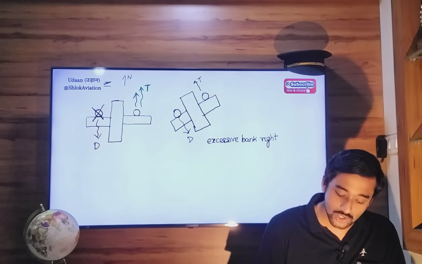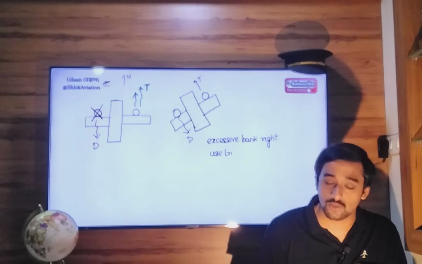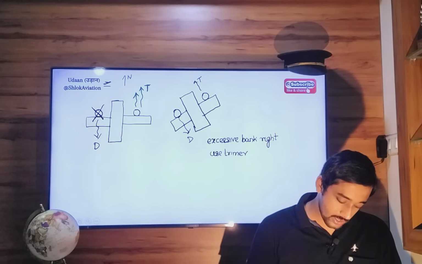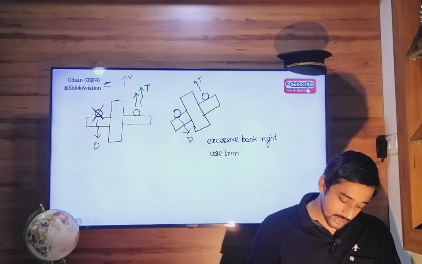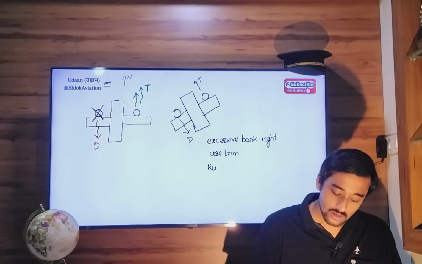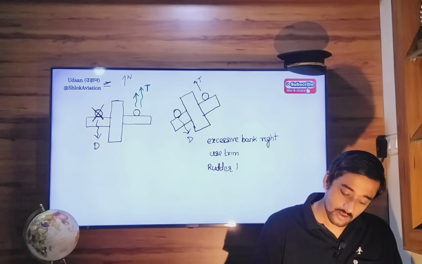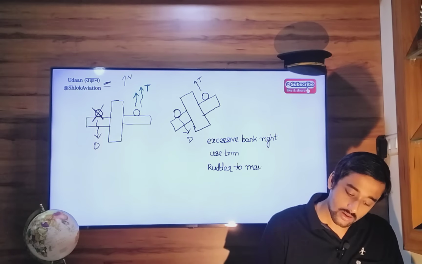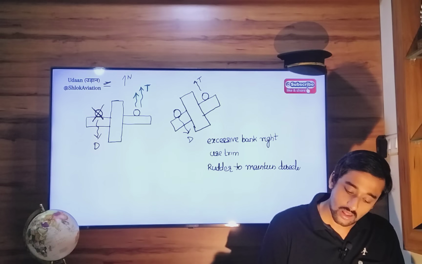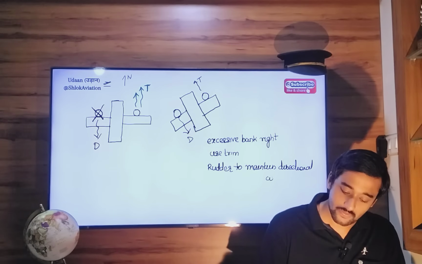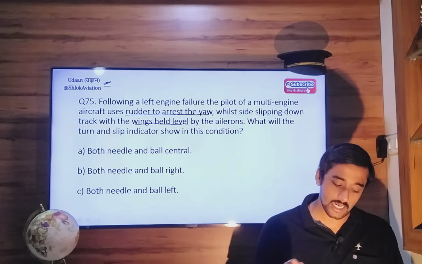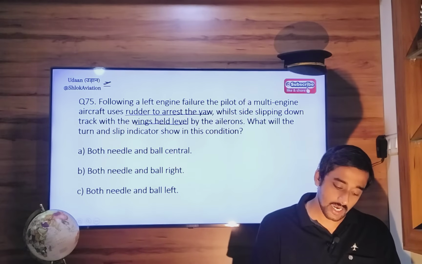Use trim to relieve excess pressure. You can use trim and aileron trim, and after that you can use your rudders to maintain directional control. Now here it's stated explicitly that wings are held level.